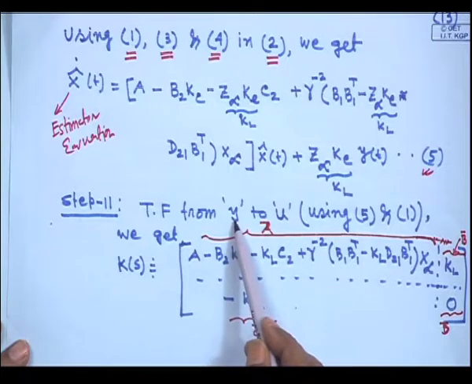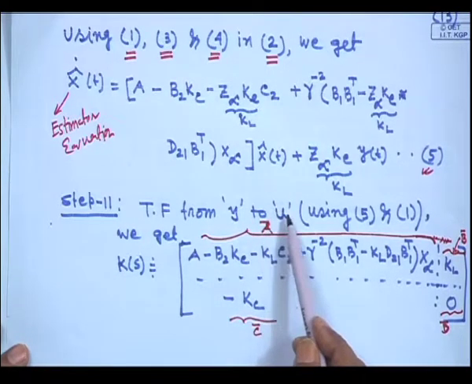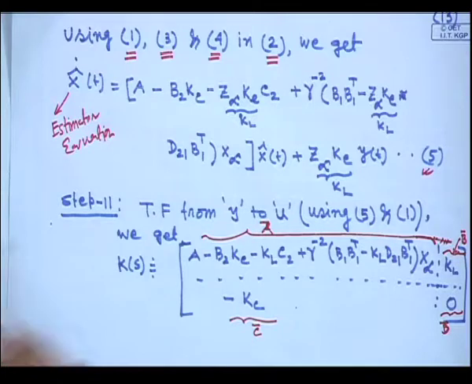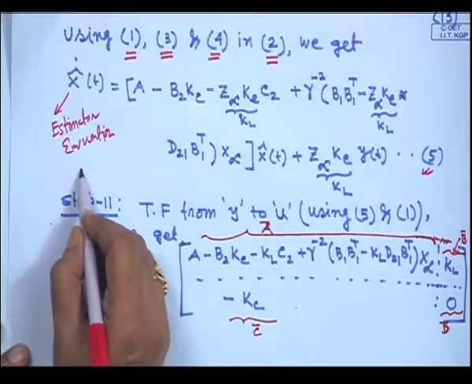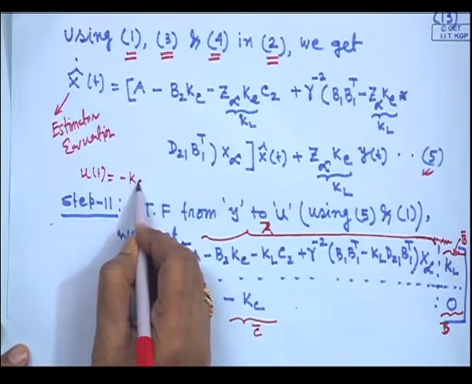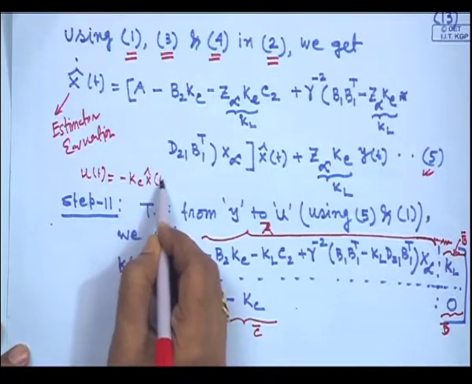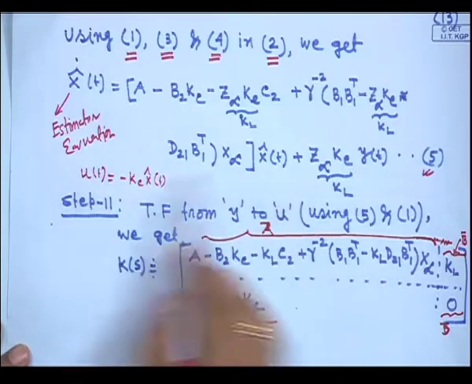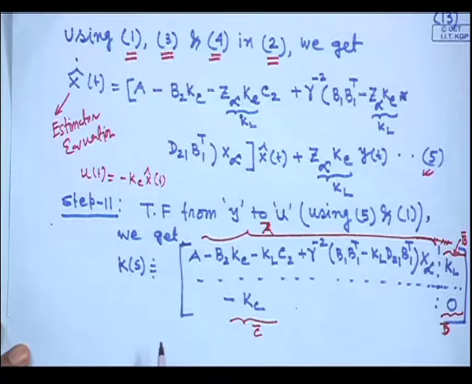How will you find out? Using equation 5 and our equation 1, which is nothing but u is equal to minus K c x hat of t. This is our equation 1. So, from this one I can easily find out the transfer function K of s.